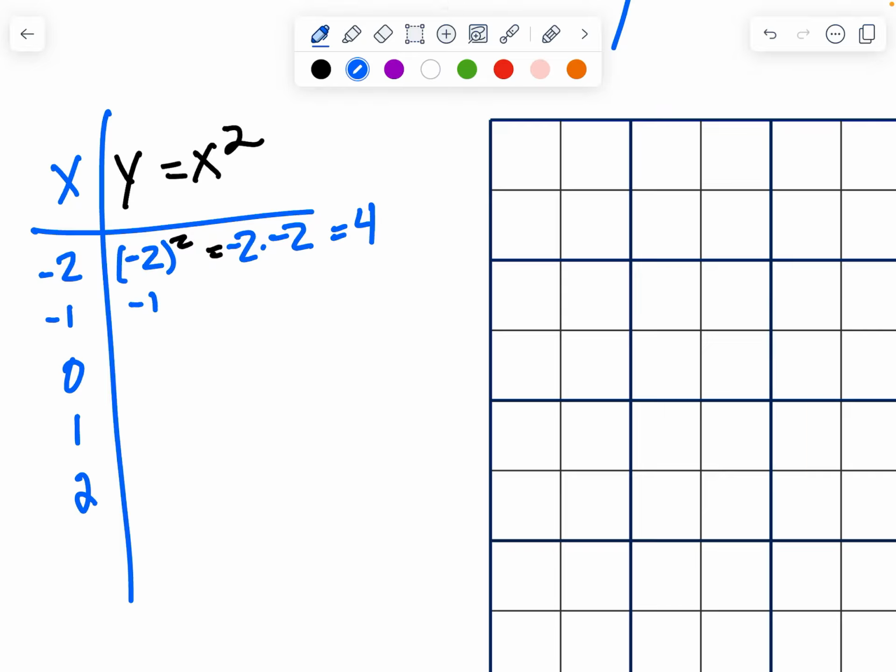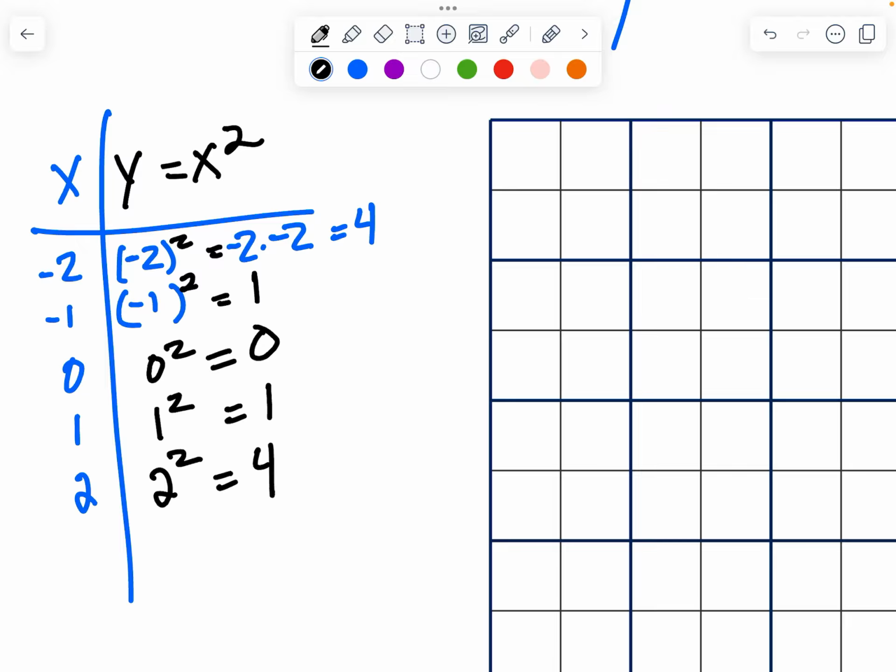And -1 squared is -1 times -1, which is 1. 0 squared, that's 0. 1 squared is 1 times 1, which is 1. 2 squared, 2 times 2 is 4.